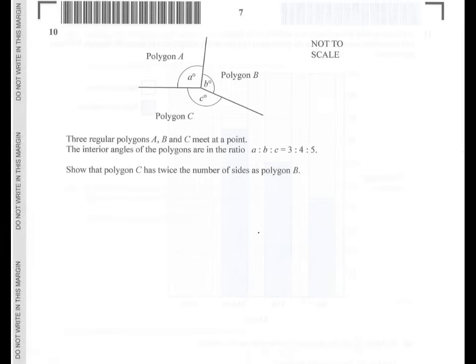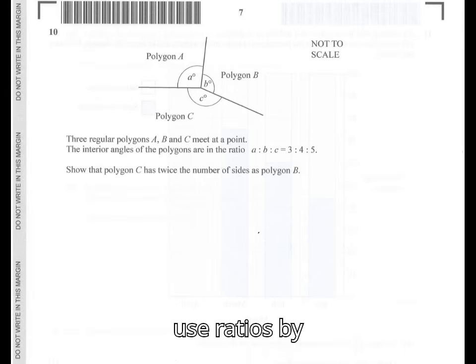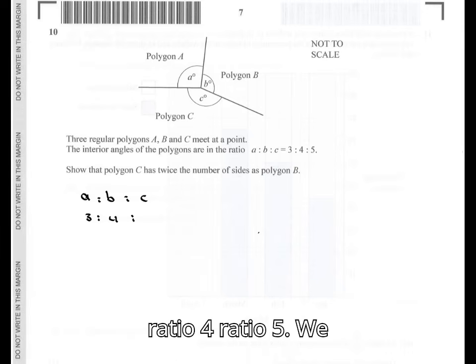We have two methods of solution here. You can use ratios by saying A to B to C is equal to 3 to 4 to 5.